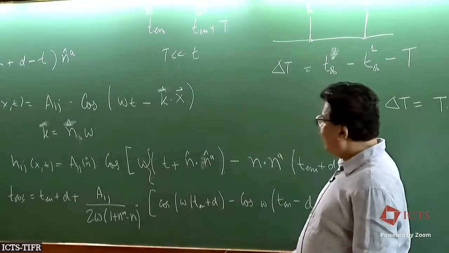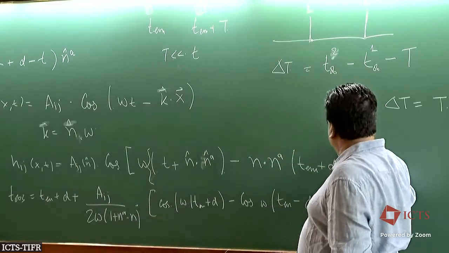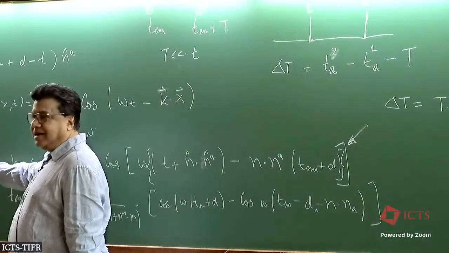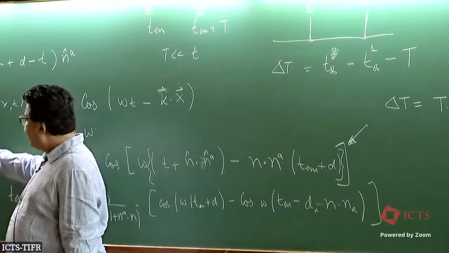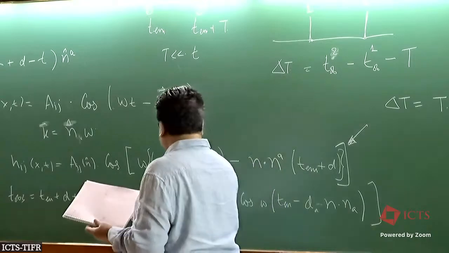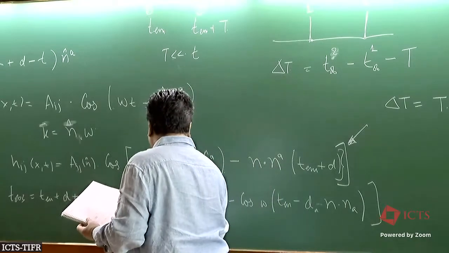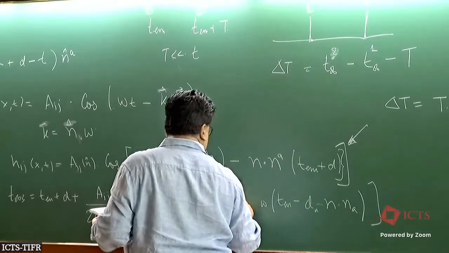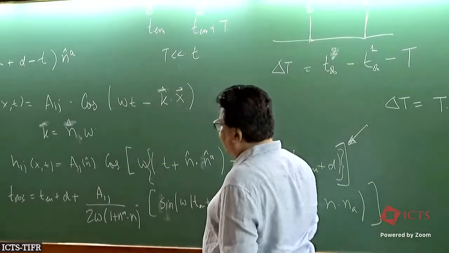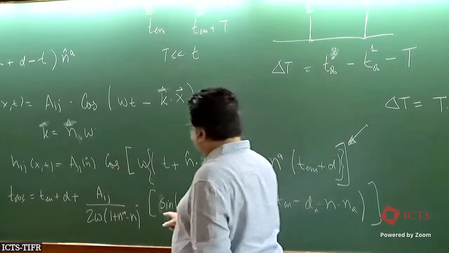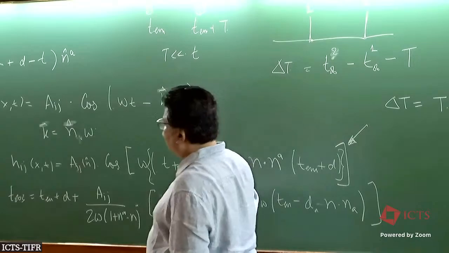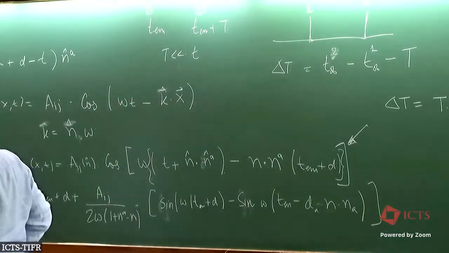So what have I done? I've taken this waveform, inserted it here, and done the integral, and this cosine should now become sine. And these are the two endpoints. I have evaluated it at the two endpoints, and this factor comes from the integral of T emission.